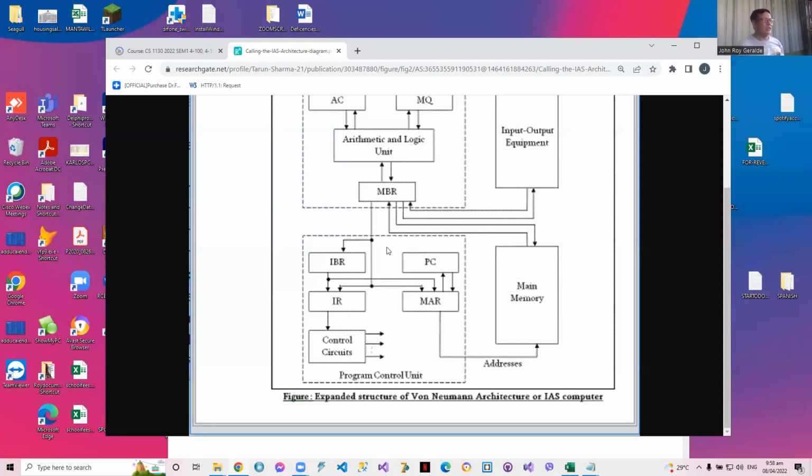The operation, or the operation code, and the operand, whatever is the parameter. The instruction goes to the IR, or instruction register. The operand goes to the memory address register. Because remember that when you have L001, 001 is the address, right? L002, 2 is the address, so it goes here. And L goes here, and 002 goes here. Do you get my point?